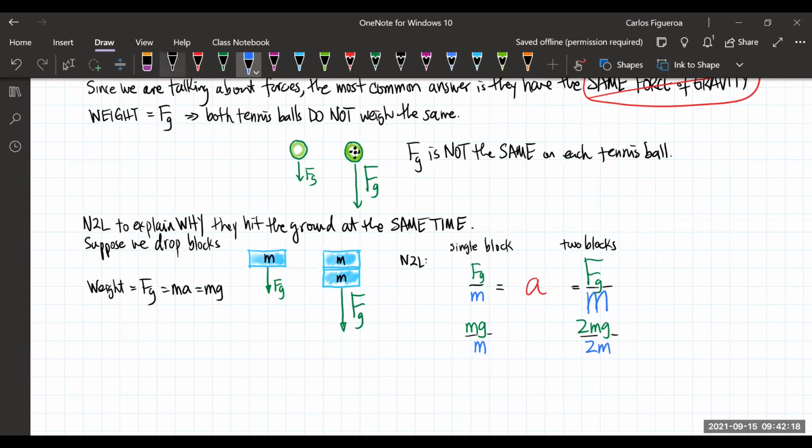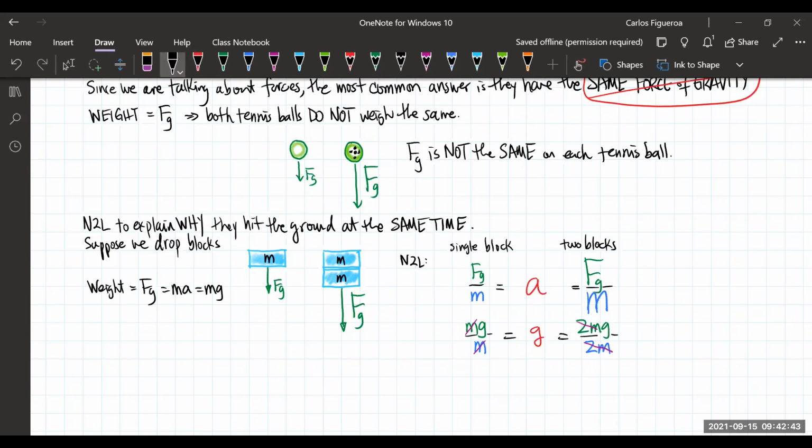So when I look at this, you can see that the mass cancels out in the top and the bottom. These 2 masses cancel out with those masses. So what am I left with? I'm left with the acceleration due to gravity. So both blocks have the same acceleration.